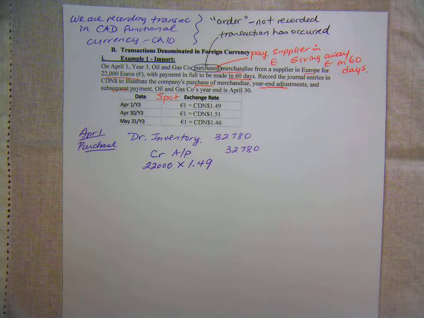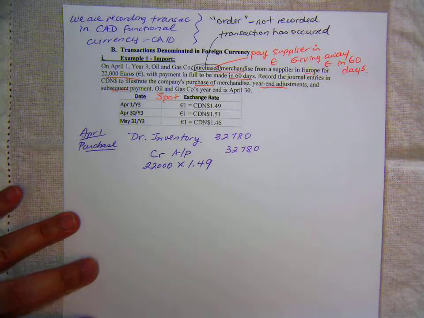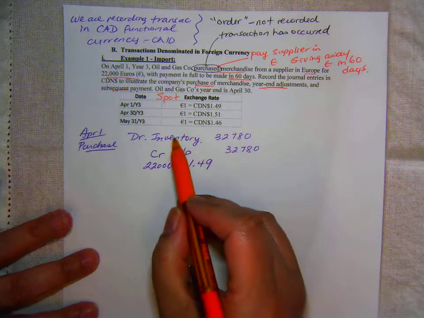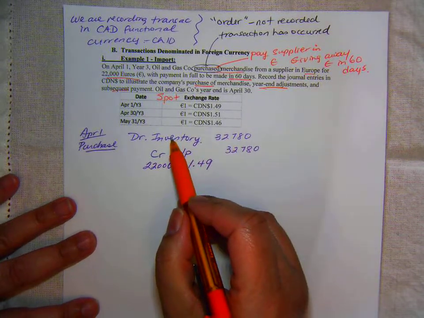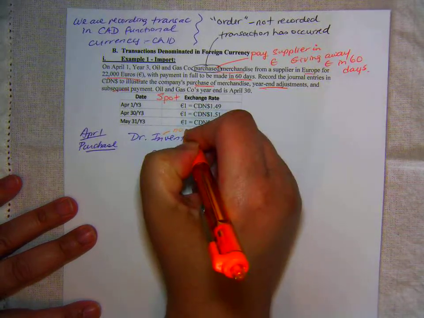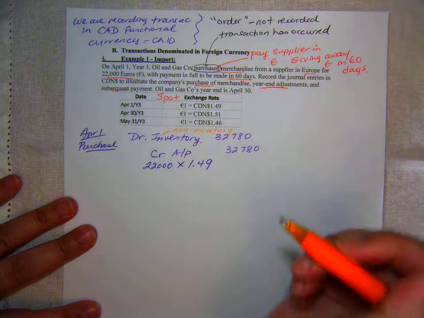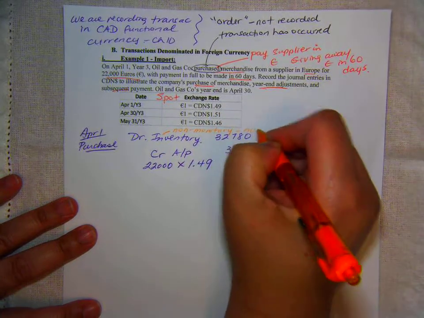So, first thing I want to look at. I want you to think which is monetary and which is non-monetary. Is inventory monetary or non-monetary? Well, there's no right to get cash, so this is non-monetary. No adjustment later.